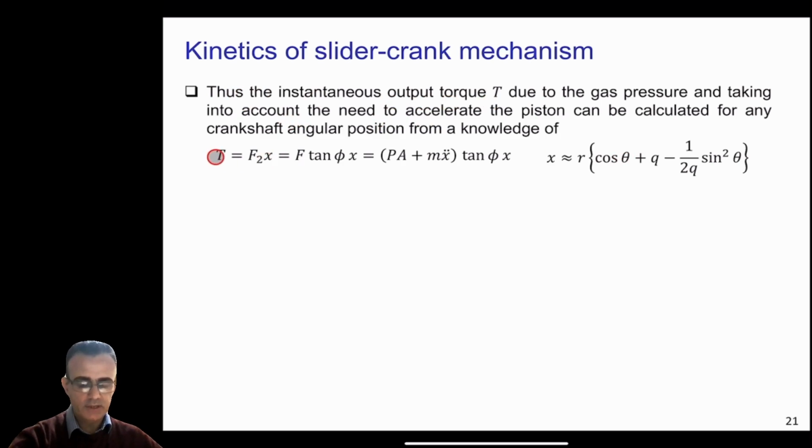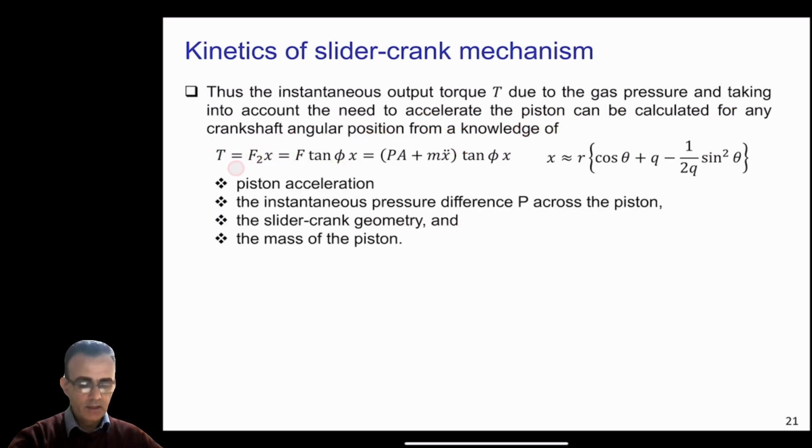So if you want to calculate the output torque from an engine, which is a very important thing, especially in the second year, you will try to calculate these things. So due to the gas pressure and taking into account the need to accelerate the piston, it can be calculated for any crankshaft angular position from the knowledge of: the piston acceleration, which is this x double dot; the instantaneous pressure difference P across the piston, so you also need this P here; the slider crank geometry, which means R, Q, and theta; and then the mass of the piston, which is M here.